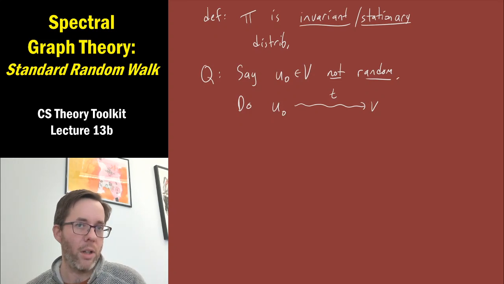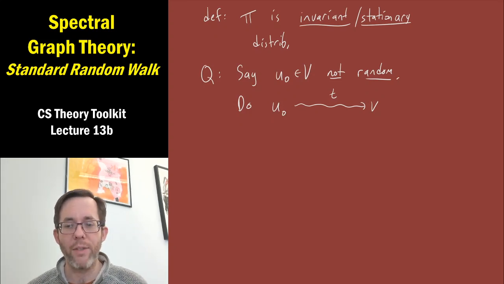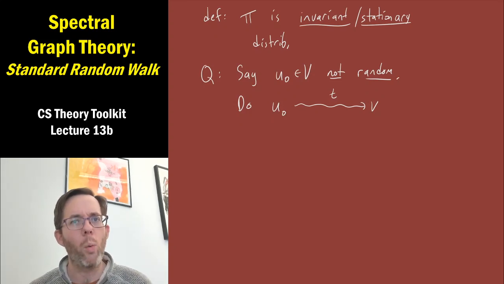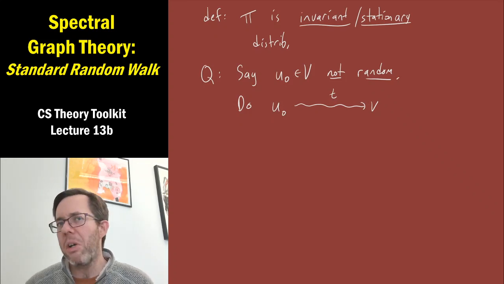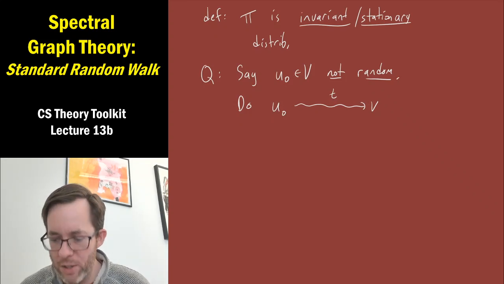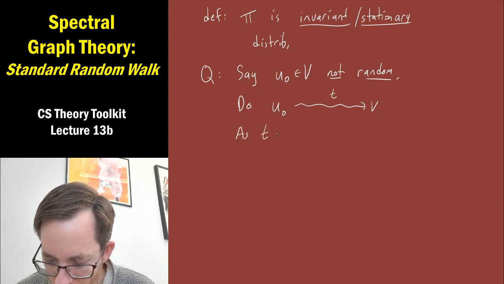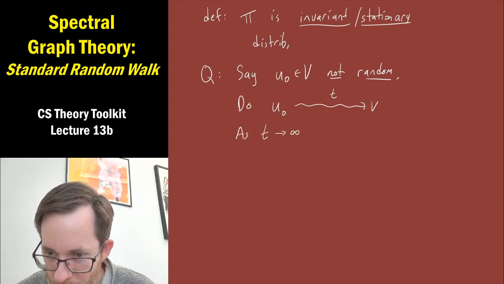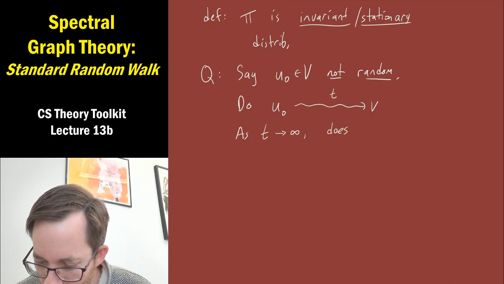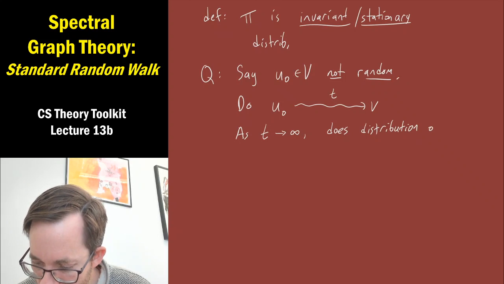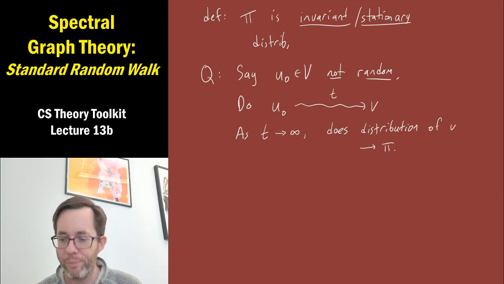Or in the case of a regular graph where all the vertices have the same degree, you might imagine that after a long walk, you're almost equally likely to be anywhere. Okay, so the question we want to ask ourselves is, as this parameter t, the walk length, goes to infinity, does the distribution of v tend, in some sense, to the invariant distribution pi?